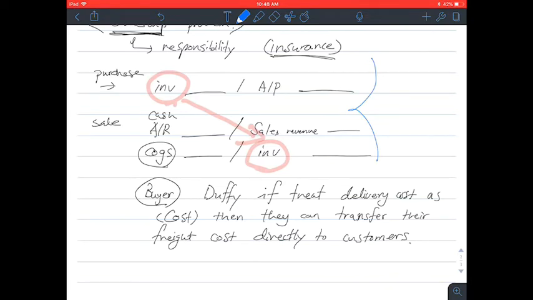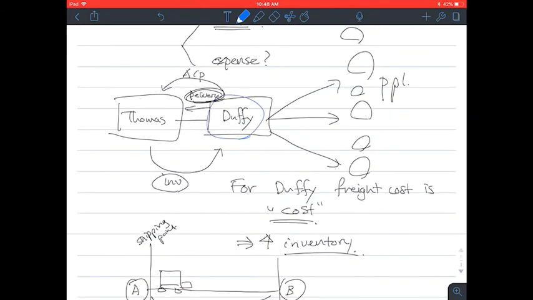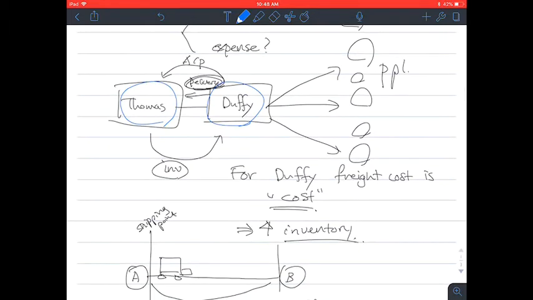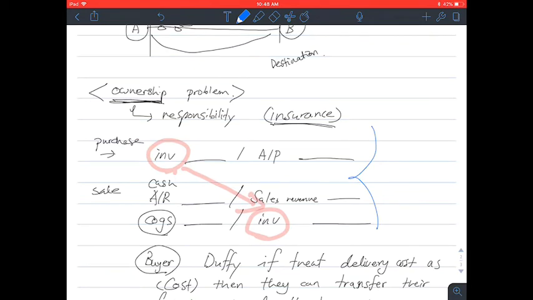Duffy and Thomas decided that Duffy would pay the freight cost. So Duffy is going to journalize this transaction by increasing inventory and then paying cash in this case.